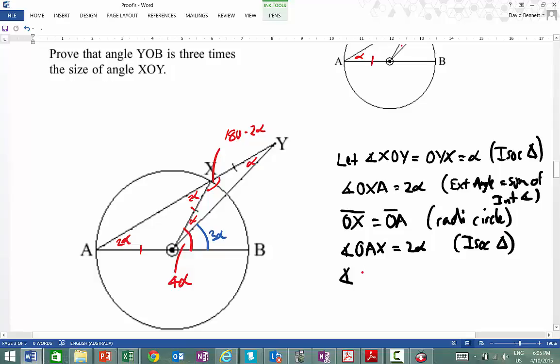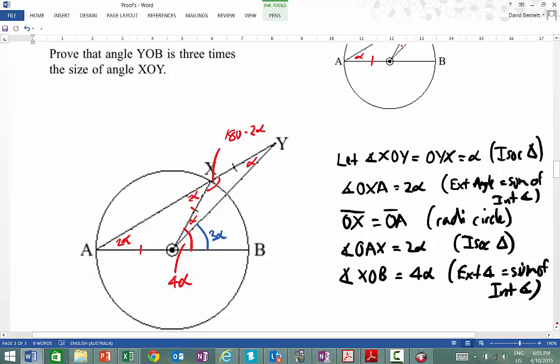Then angle XOB has to be equal to 4 alpha, and that's external angle equals sum of internal angle.